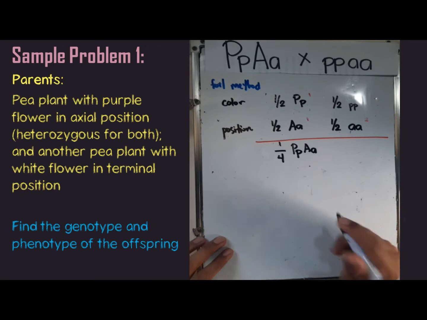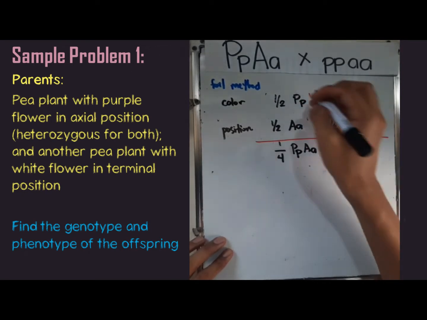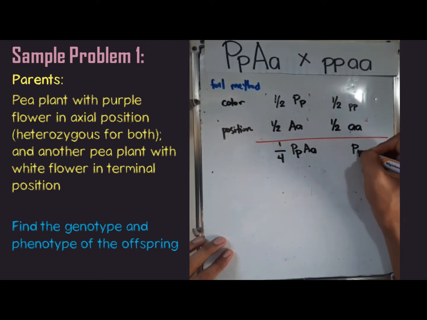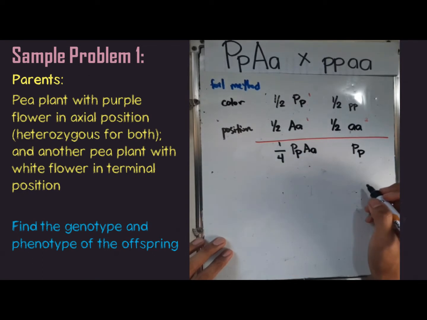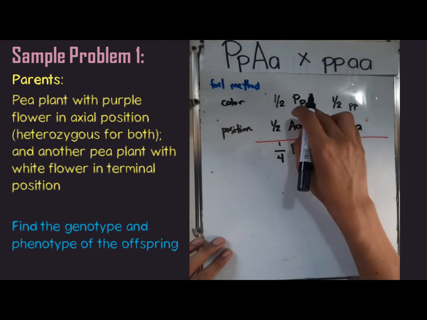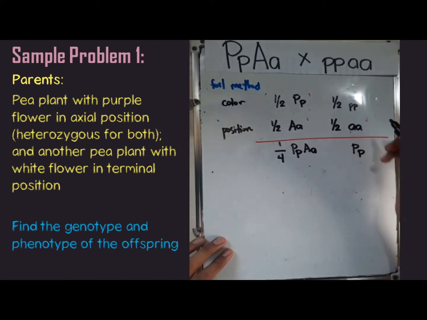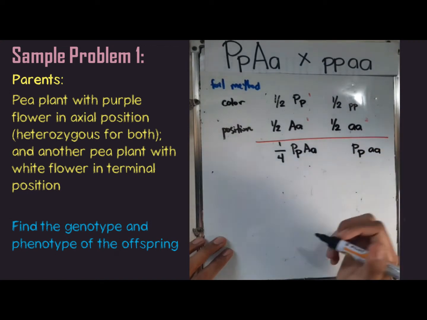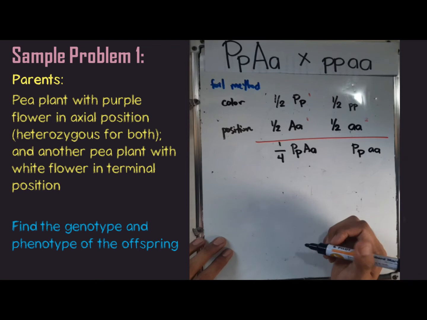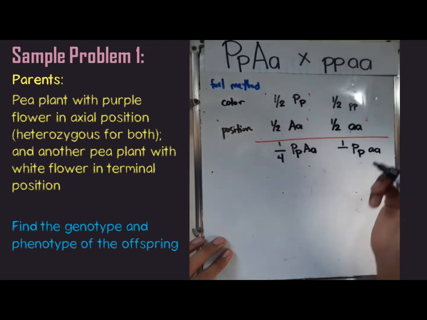Okay? Then, let's do the second part. Once again, we copy the genotype of the very first trait. Then we copy the second genotype of the second trait. Then we multiply the fractions.